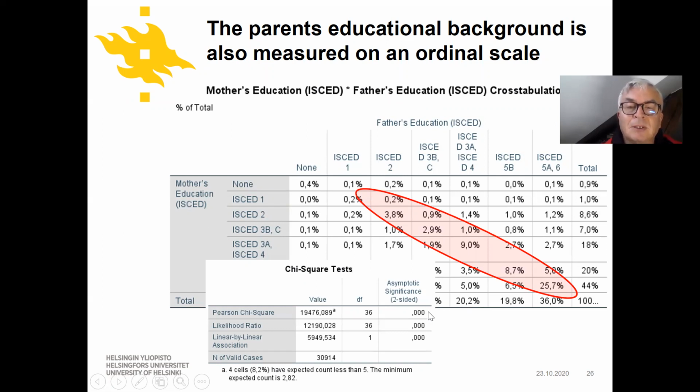So when we see this, if it's 0.01, that would be a 1% risk, 0.05 would be a 5% risk, 0.000 means that it's less than 1 promille risk, that's less than 1 in 1,000. So very, very small risk of being wrong if we say that there's a connection between these two things.